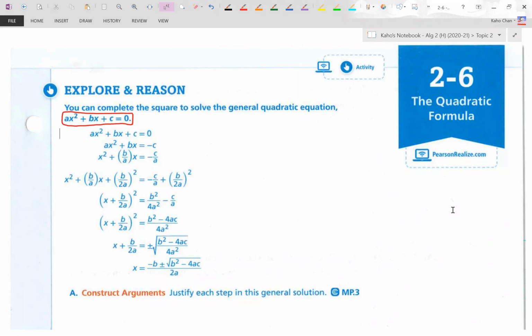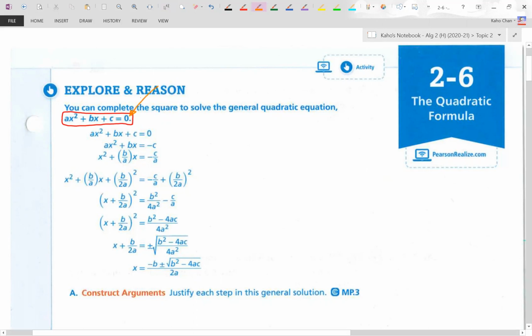2-6 is the Quadratic Formula. It's a formula that is used to solve any quadratic, including ones that might produce decimals and fractions and radicals, and even imaginary numbers. Crazy. The beginning of this lesson, we start out with ax squared plus bx plus c, and they set it equal to 0.